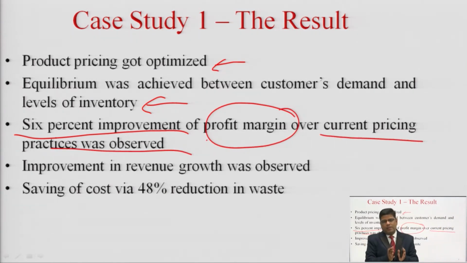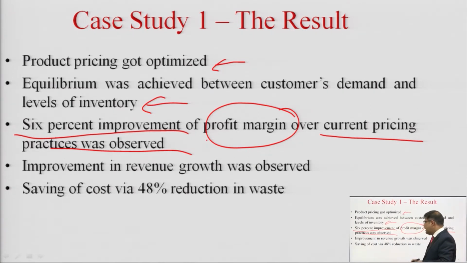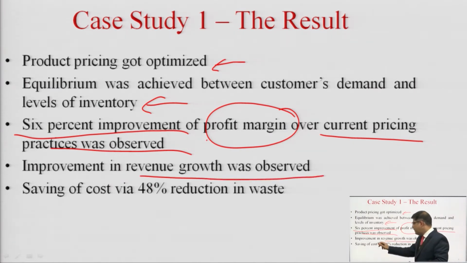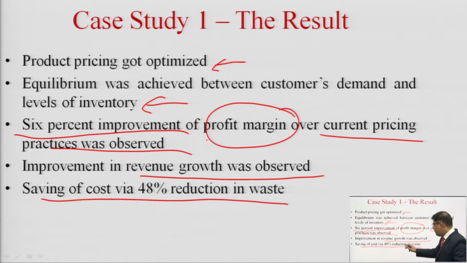So, comparing the pricing practices which were followed by the company and the dynamic pricing model which was given to the company, after applying that model, a 6% improvement over the profit margins was observed, and not only that, there were improvements in revenue growth also. And last but not the least, a very important thing that took place was a 48% reduction in waste.